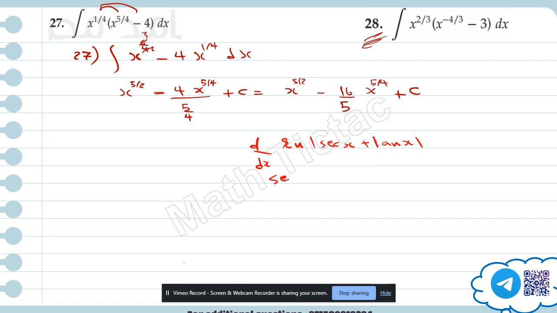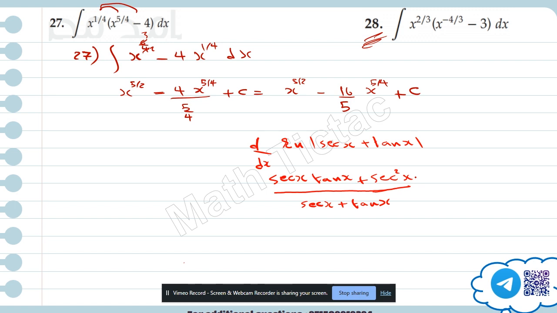The derivative of sec is equal to sec x tan x plus the derivative of tan, which is equal to sec square x, over sec x plus tan x.